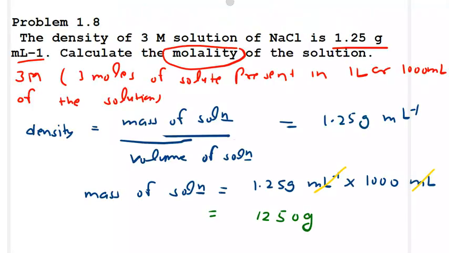Okay, we have to find out the molality. So in molality we need mass of the solvent. We have also been given 3 moles of NaCl.